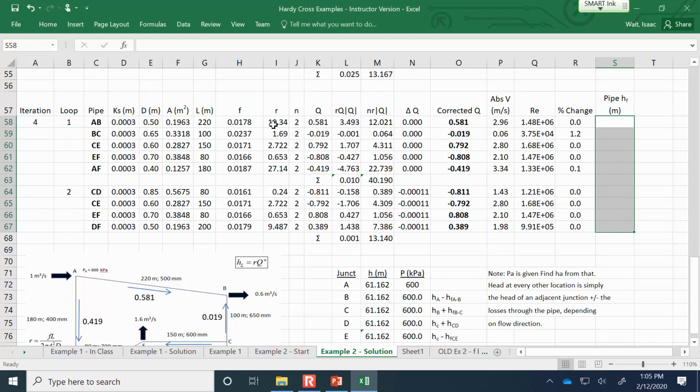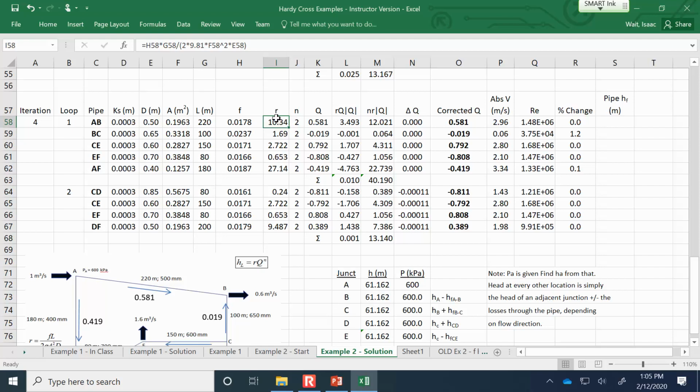When we write the Darcy-Weisbach equation in the form H sub F equals F L Q squared divided by 2 G A squared D, then if we take all of this, that is R. And so H sub F is R times Q squared.